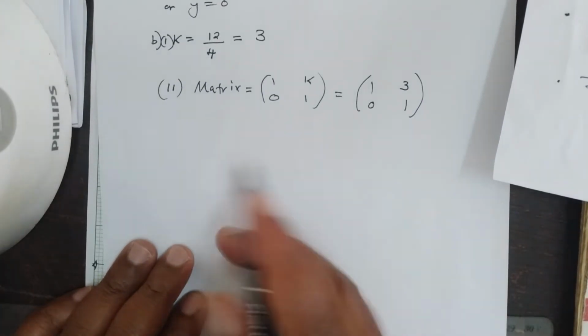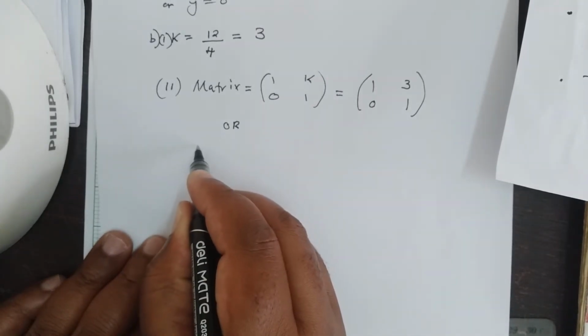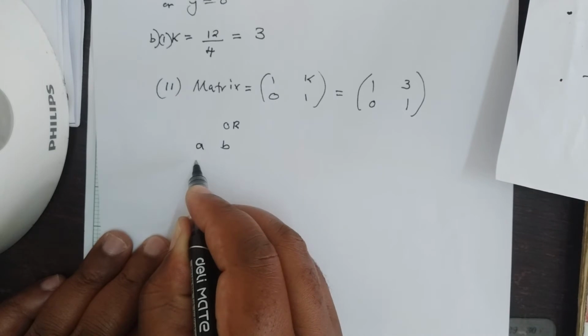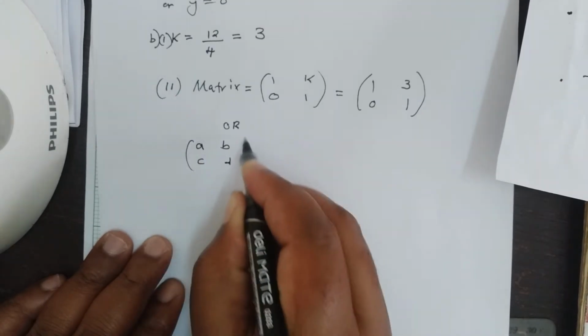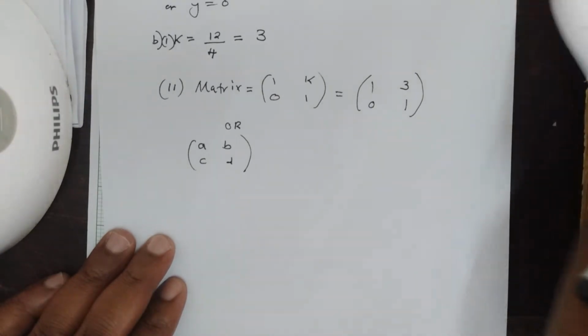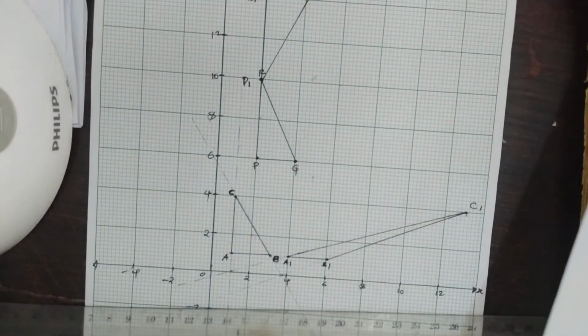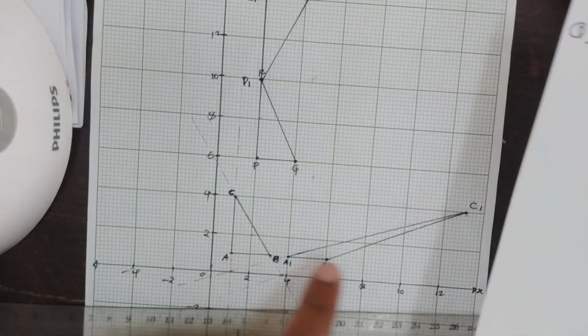Alternatively, you can say, let me multiply the matrix that I want to find, a, b, c, d, by the object to produce the image.